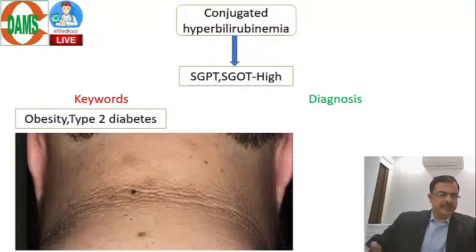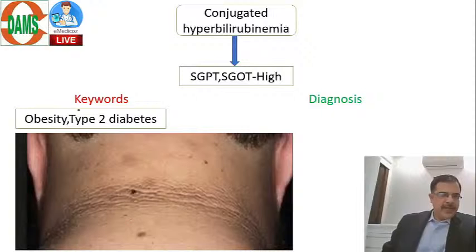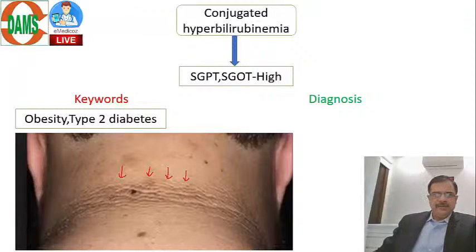On the back of the neck, you can very well see a very important complication of insulin resistance, and that is known as acanthosis nigricans.